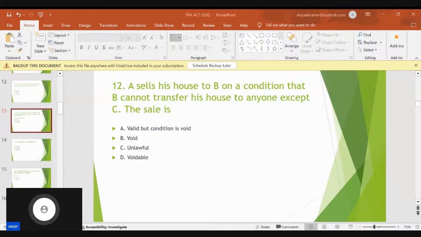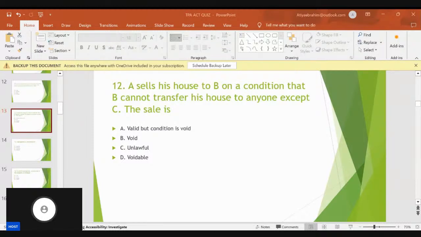Section 10 talks about condition restraining alienation, right? So if I'm transferring a property with a condition or with a limitation absolutely restraining the transferee or any person to part with it or to dispose of his interest, then the condition is void.